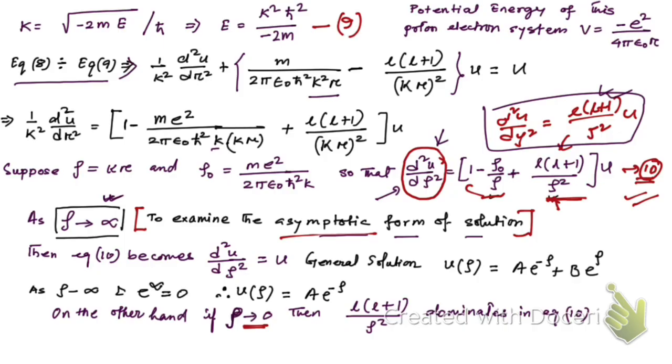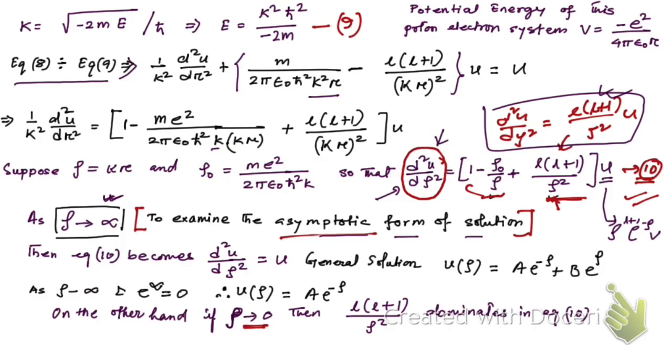And this u also is replaced by this function that we have considered, that u is equal to rho to the power L plus 1 e to the power minus rho v of rho.